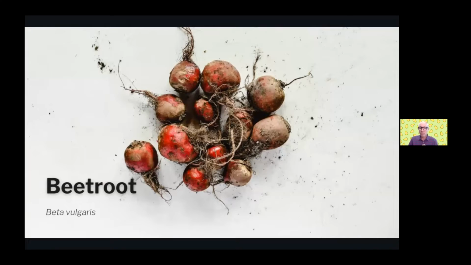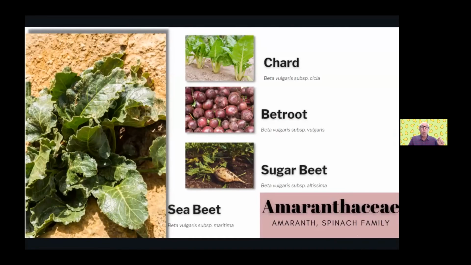The roots are, of course, harvested, cleaned, and prepared however you like. The wild beet can still be found in nature, living out its biennial life cycle.